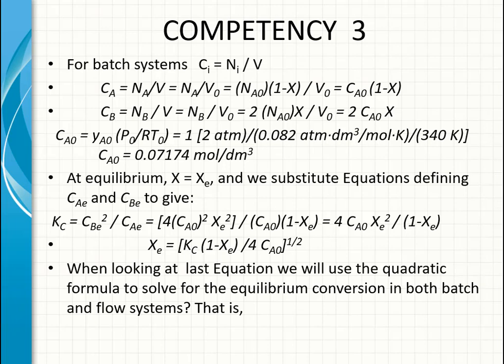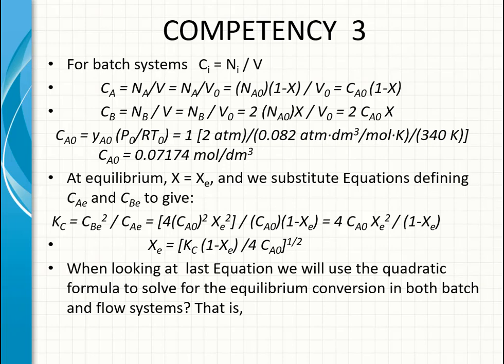So we will have that Kc is equal to 4 Ca0 Xe squared divided by 1 minus Xe. And from here, Xe is equal to Kc times 1 minus Xe divided by 4 Ca0, all of that to the 1/2.